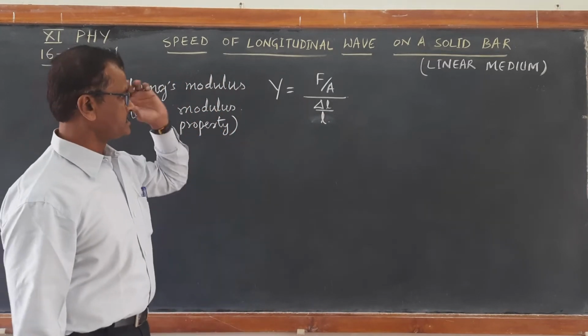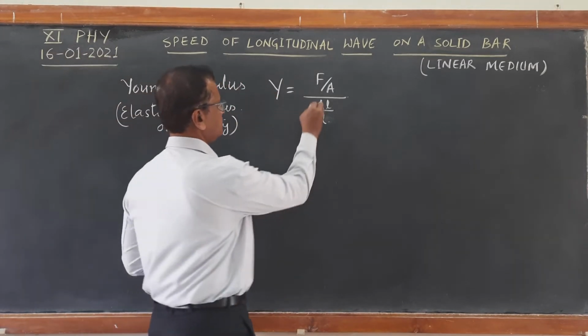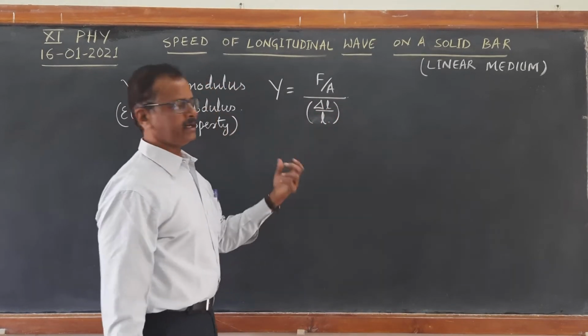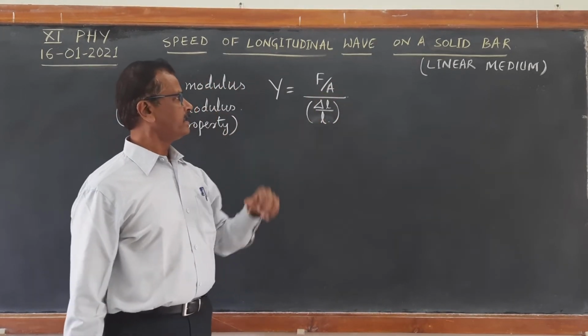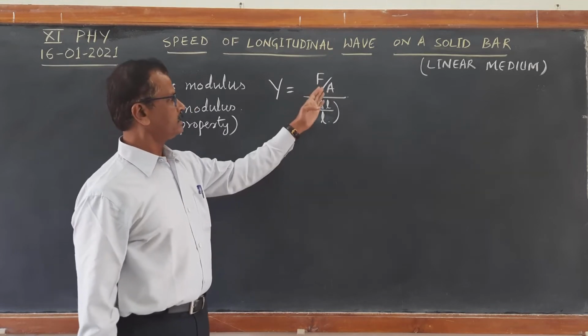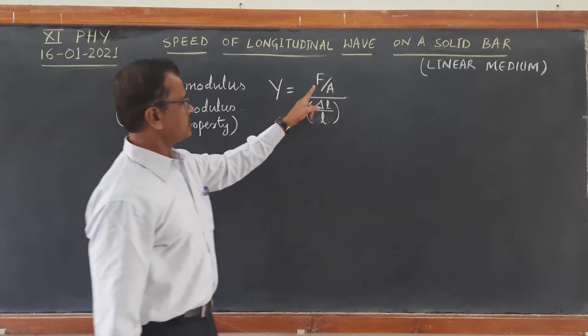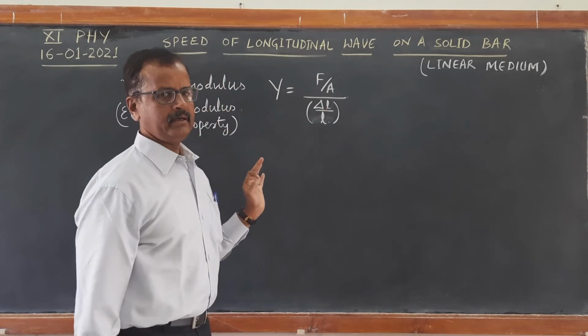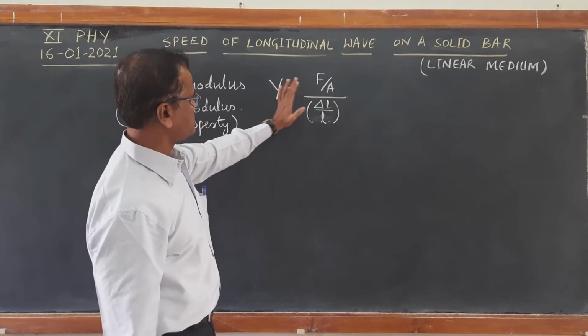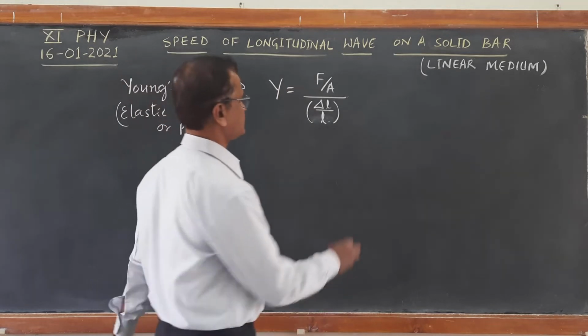So this we have already studied. In the denominator you have longitudinal strain, and in the numerator you will get longitudinal stress, right? So Young's modulus will be having the same SI unit as that of longitudinal stress.